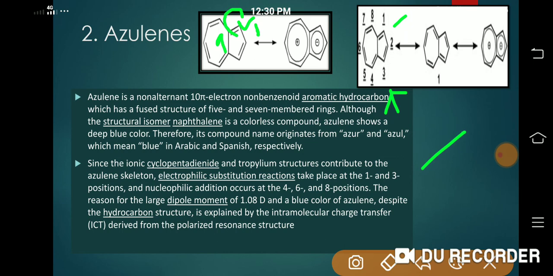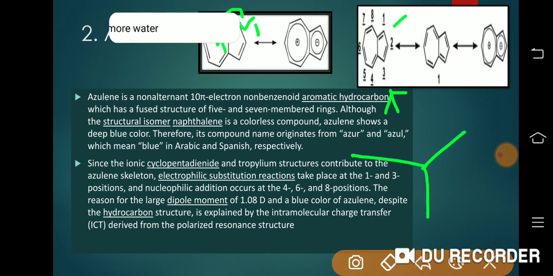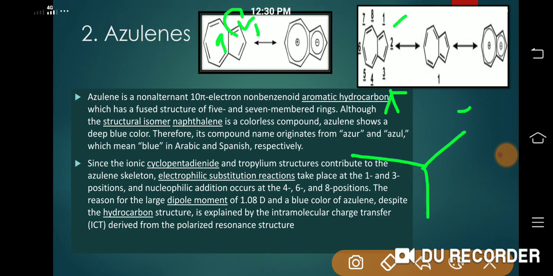Negative charge at this carbon and positive charge at this carbon.